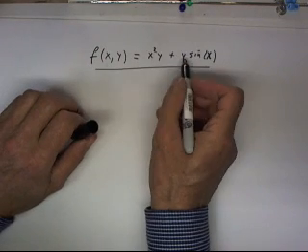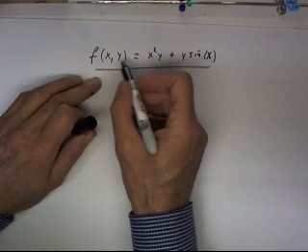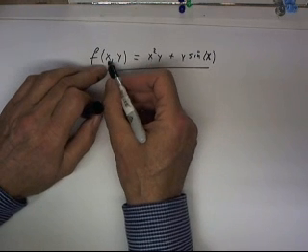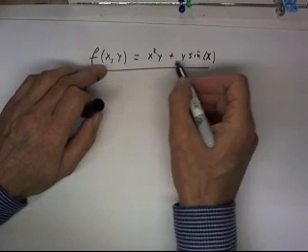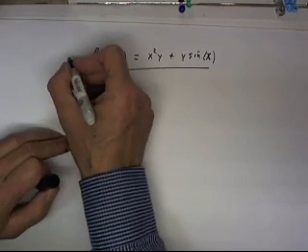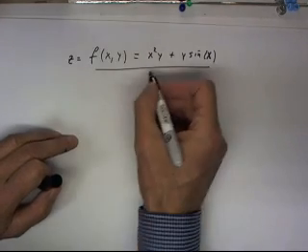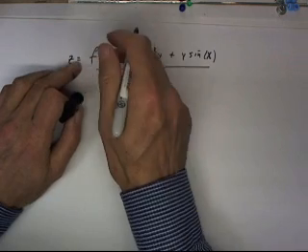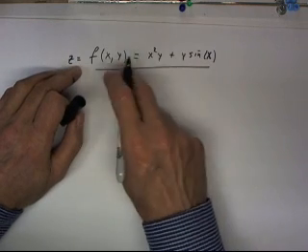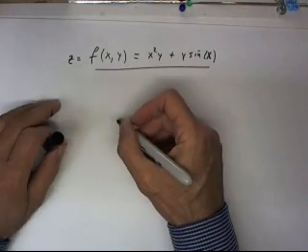For any values of x and y, we can evaluate this function, and we can let z stand for whatever we get when we evaluate it.